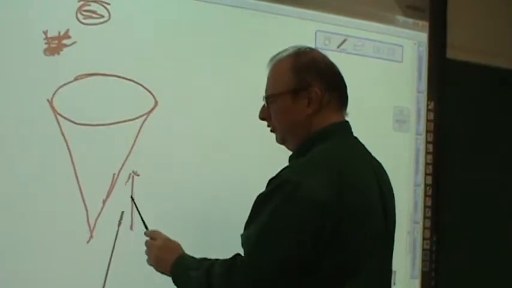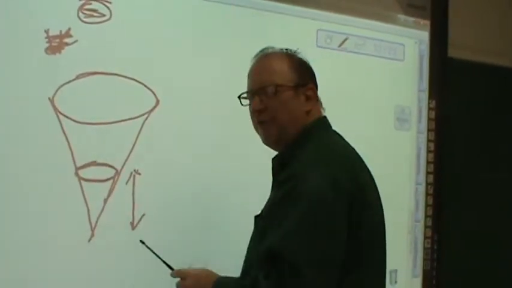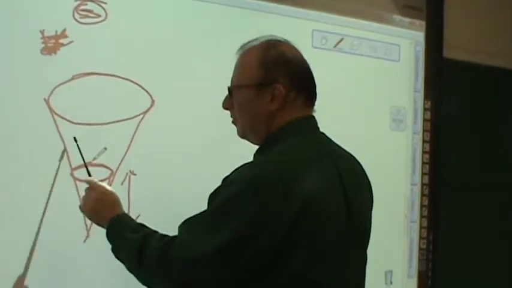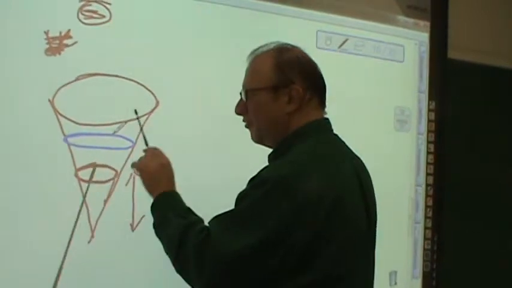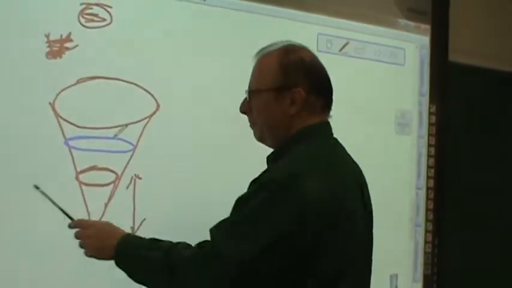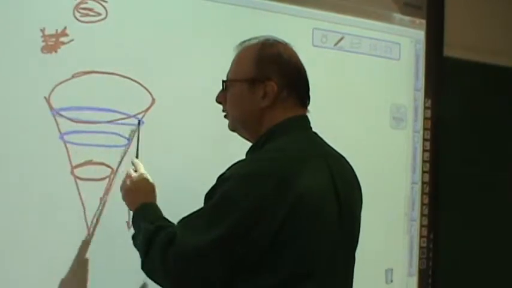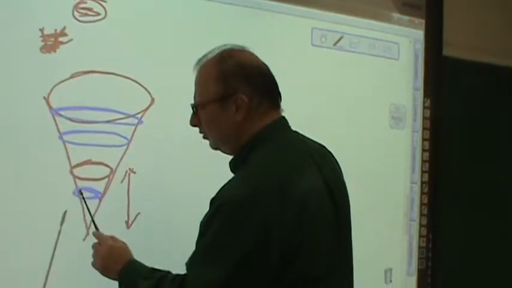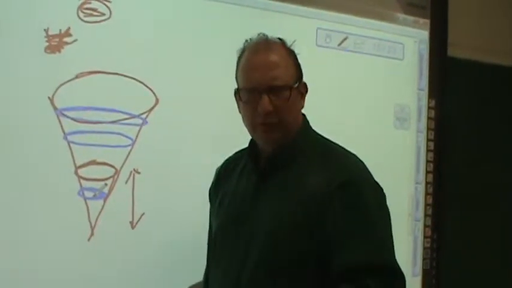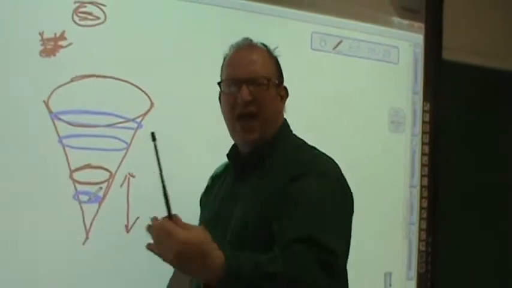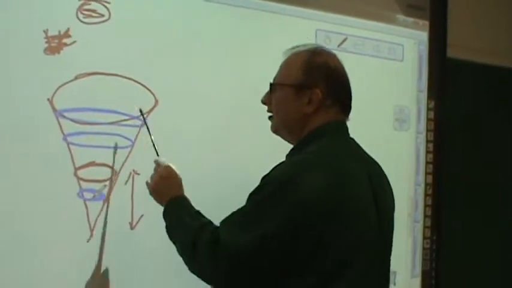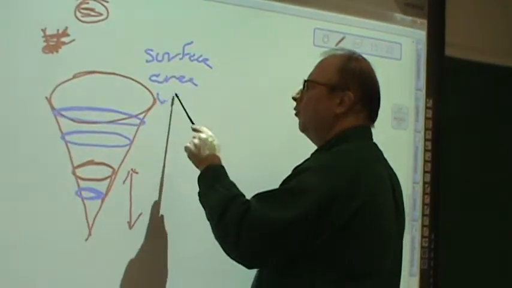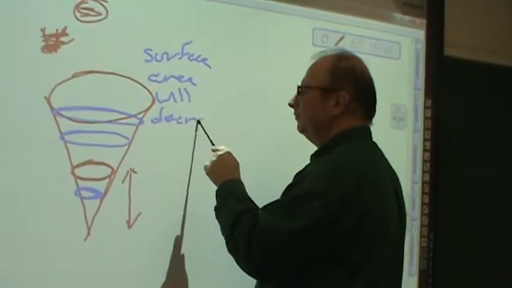When the height is here, we have a pretty small surface area, correct? When the height goes up to here, look at that surface area. When the height's up here, the surface area is bigger. When it's down here, the surface area will be smaller. And obviously, if fluid's coming out, we know for a fact surface area will decrease.